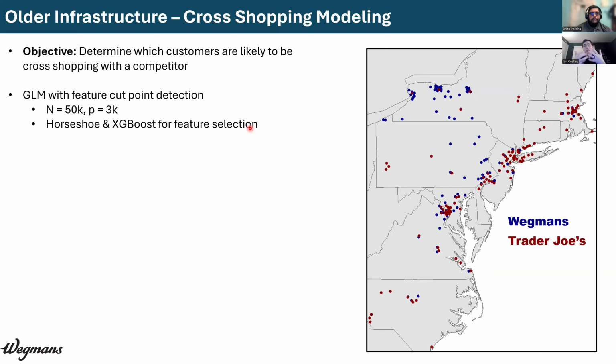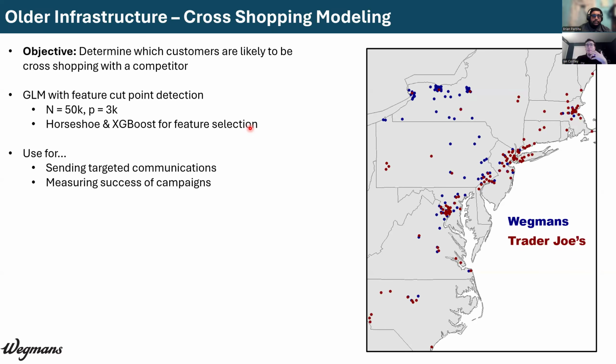What's really cool is we're using XGBoost for feature selection as stage one, and then we use a horseshoe prior to get really tight regularization on the coefficients that we end up using. So we obviously don't use all 3,000, but after a lot of selection, we get down to a set we feel really good about. We use this for sending targeted communications as well as measuring successive campaigns.